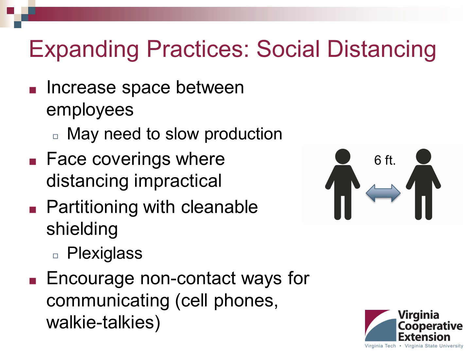You might want to increase the space between employees such that you're getting that 6 feet of division or 2 meters of division. And that may mean that you need to slow production down, in the case of the line assembly scenario, because certainly you don't want to have those folks up against each other.